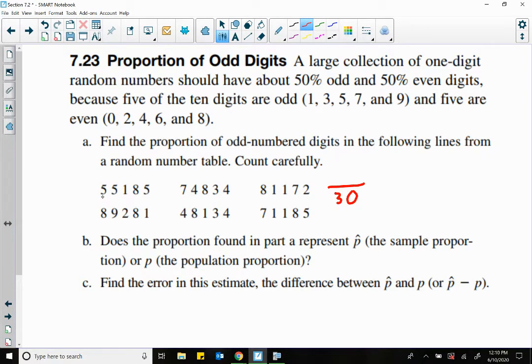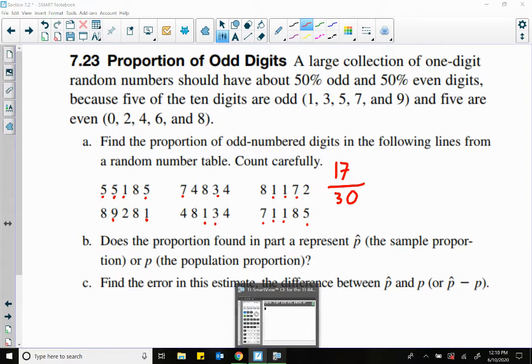Well, we got 1, 2, 3, 4, 5, 6, 7, 8, 9, 10, 11, 12, 13, 14, 15, 16, 17. Count that up again just to make sure. 1, 2, 3, 4, 5, 6, 7, 8, 9, 10, 11, 12, 13, 14, 15, 16, 17.